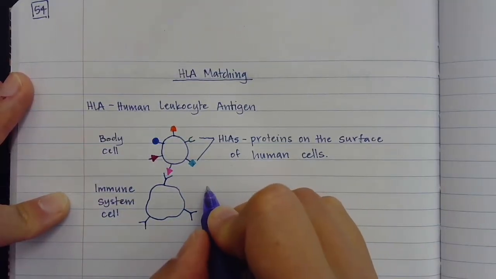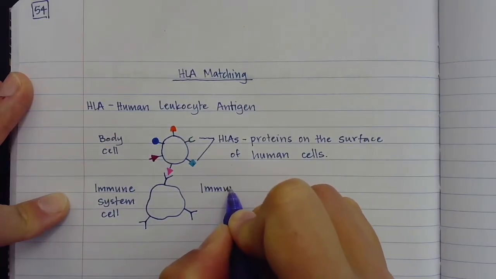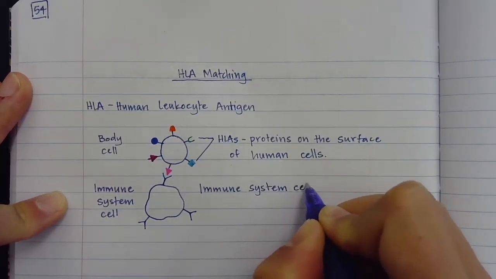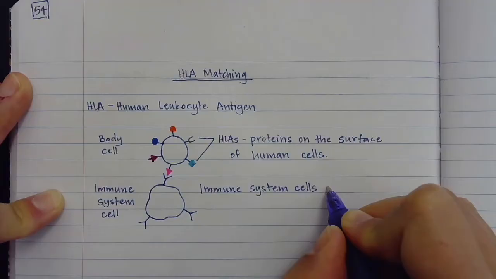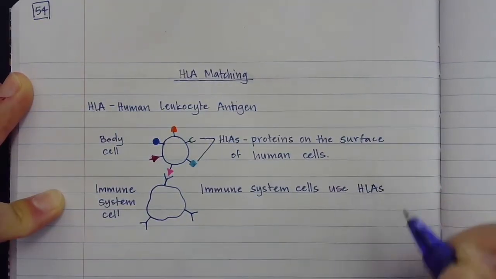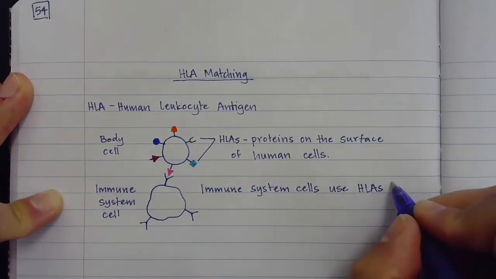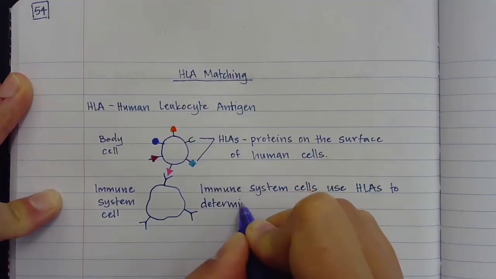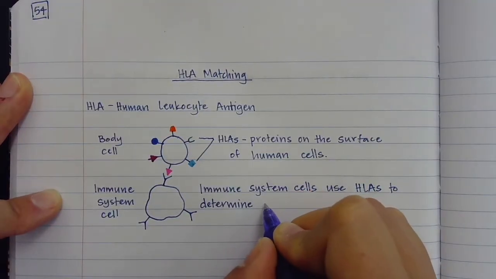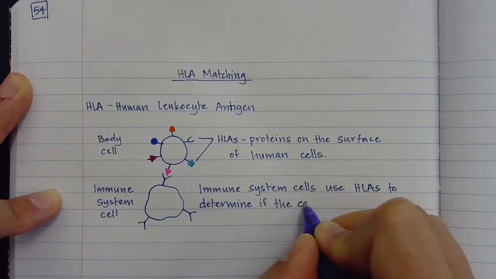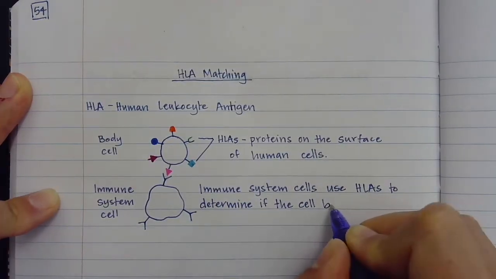And so the way that these work is that immune system cells use the HLAs to determine if the cell belongs in your body.